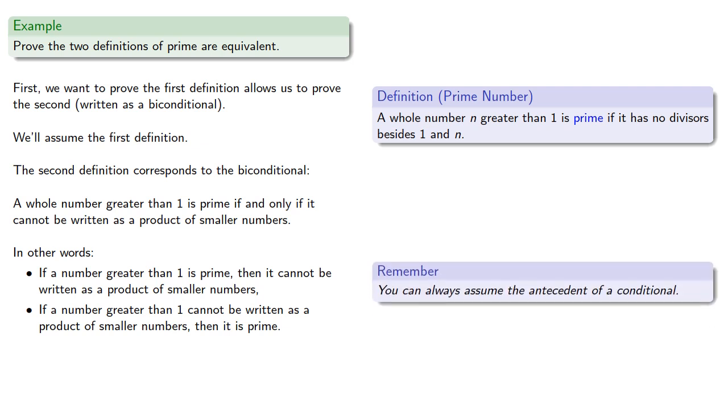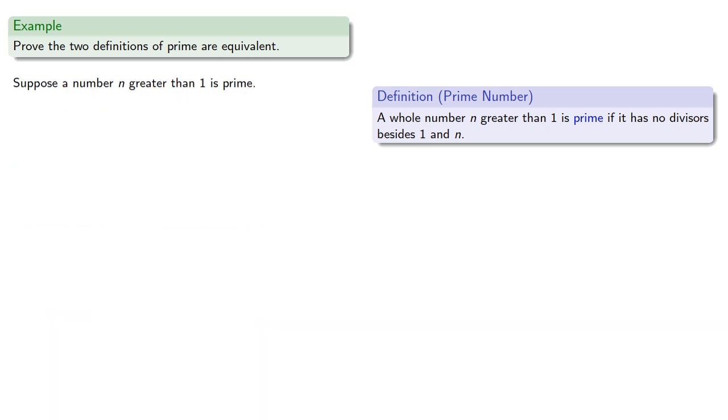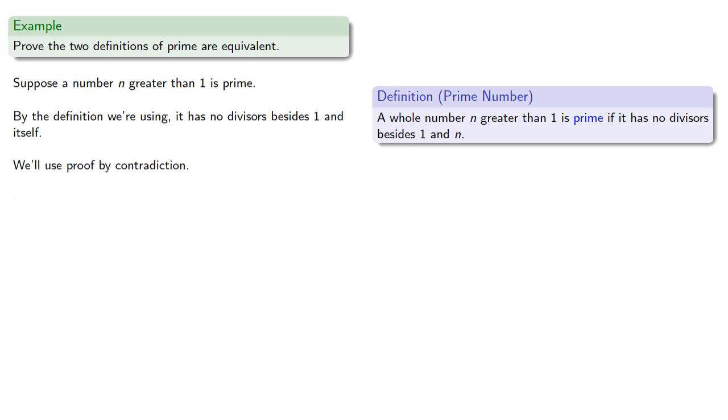Remember, you can always assume the antecedent of a conditional. So suppose a number n greater than 1 is prime. By the definition we're using, it has no divisors besides 1 and itself. We'll use proof by contradiction. Suppose n can be written as a product of smaller numbers, so n is pq with p and q both less than n.